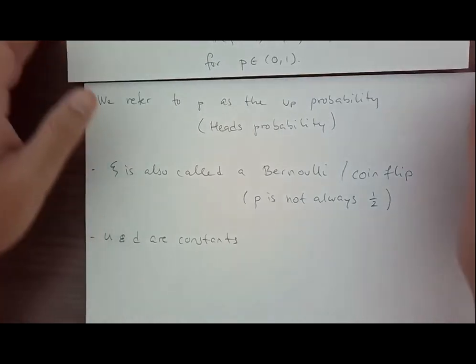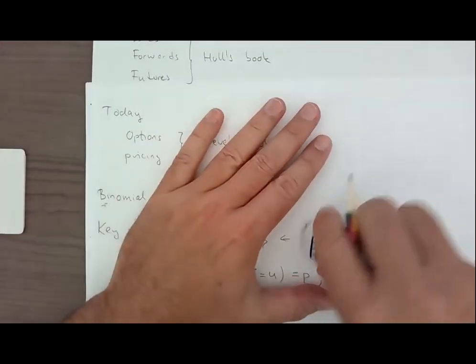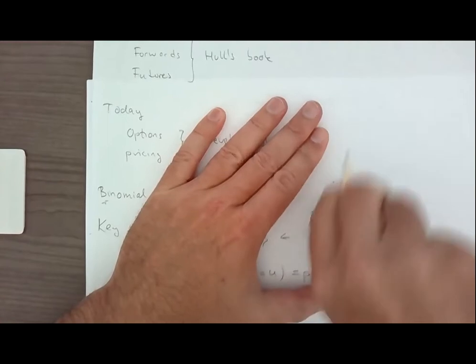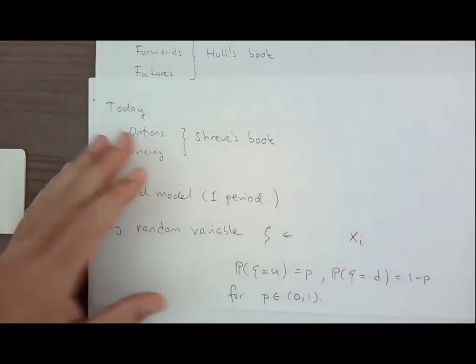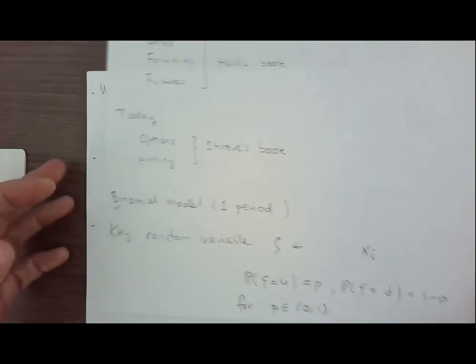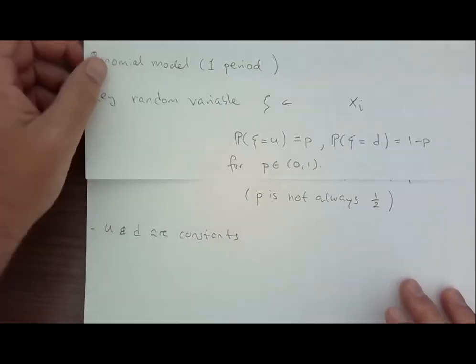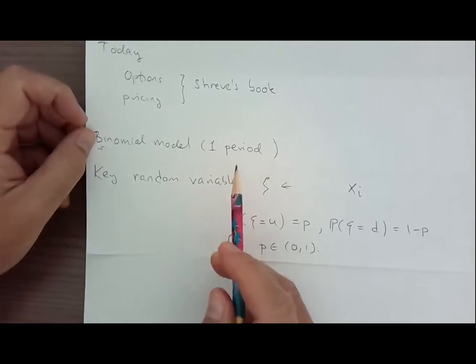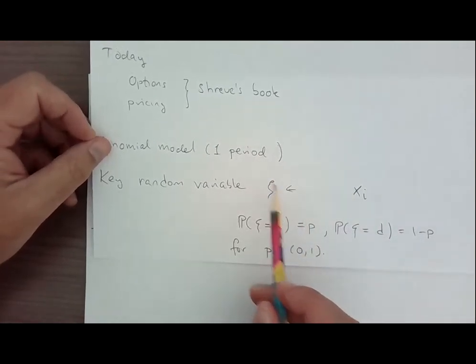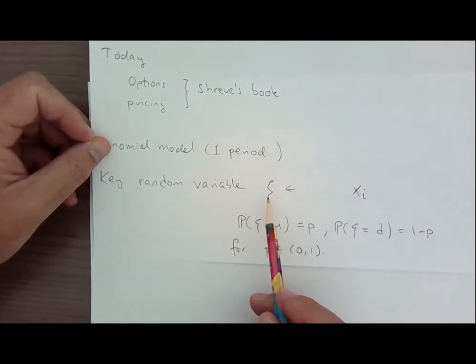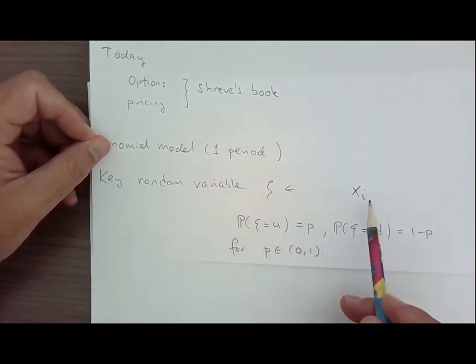So this is the key, this psi here, if I could write it so we can all read it. This here is called psi. So this is our key random variable in a one-period model. So if we were to have a two-period model, we will have two of these psis. If we would have an n-period model, we will have n of these psis, and so on.